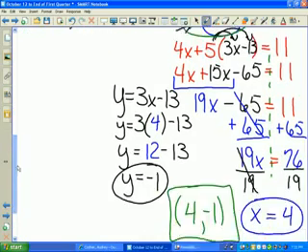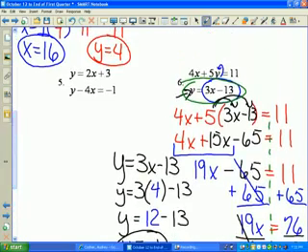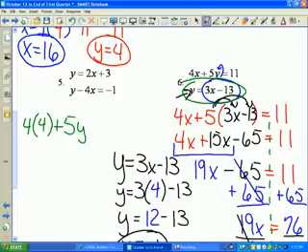I'm going to take this off here to the side. We got 4 for our x. So if I did 4 parentheses 4 plus 5y equals 11, we can still solve it for y. 4 times 4 gives me 16 plus 5y equals 11.